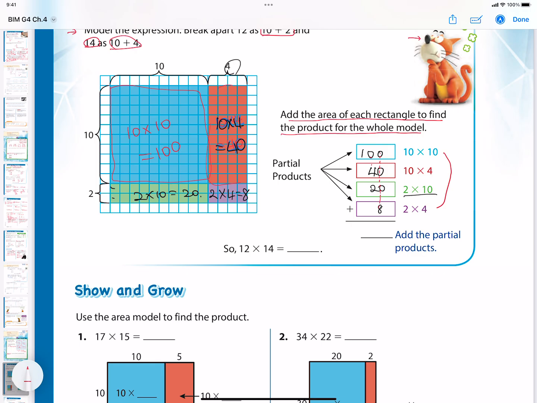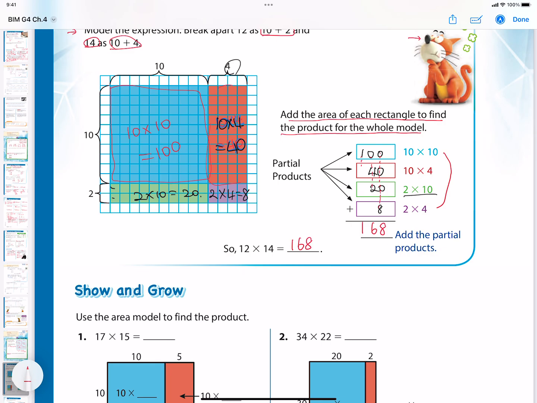Ones place, tens place, hundreds. I want you to always practice what I do. So that's 8, and 4 plus 2 is what? 6, and nothing to add for the hundreds place. So 168. So 12 times 14 is what? 168.